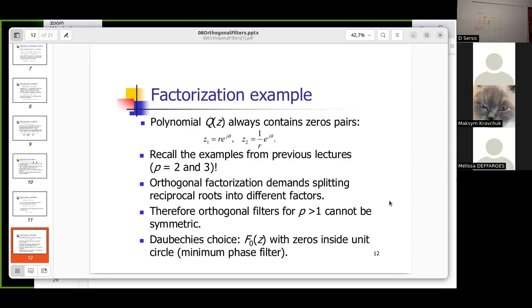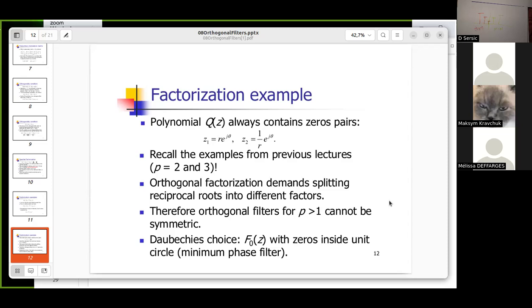Maybe I didn't mention until now that for all the design methods we are talking about, there is one name related. It is actually a Belgian scientist, Ingrid Daubechies.